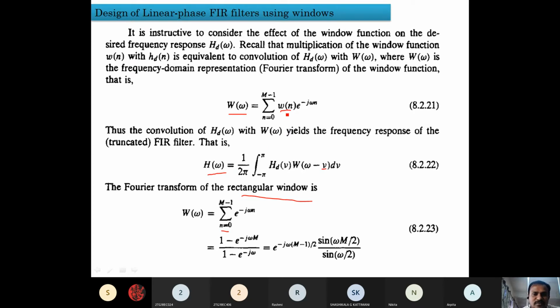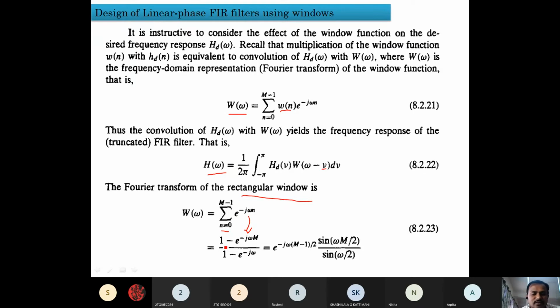So I am just replacing Wn by 1, hence the equation is reduced to e to the power minus j omega n. And we can go for the simplification by using the mathematical standard equations for such summations.